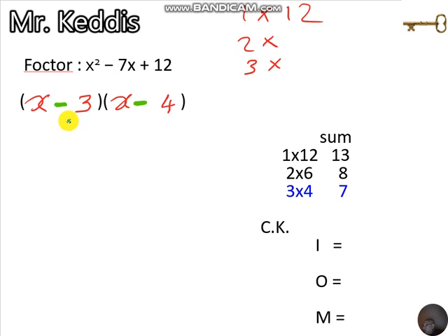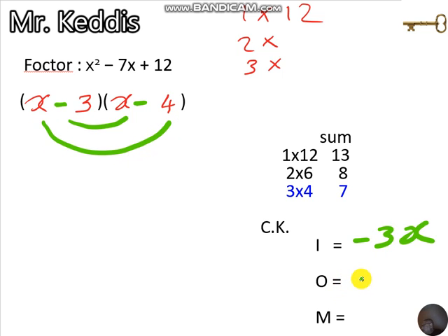This is the inner product, negative 3x, and the outer product, negative 4x. Because both are negative, the sign stays negative, and I add them. I lost 3, I lost 4 more, means I lost 7x. My answer is correct, the same as the middle term here.